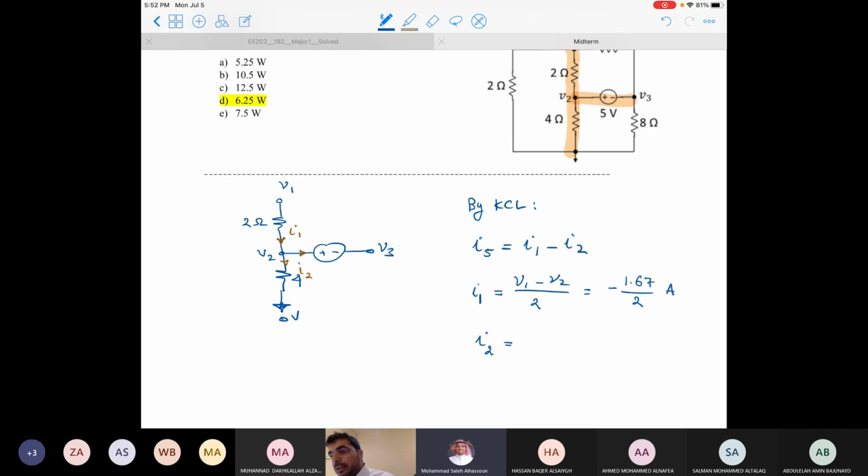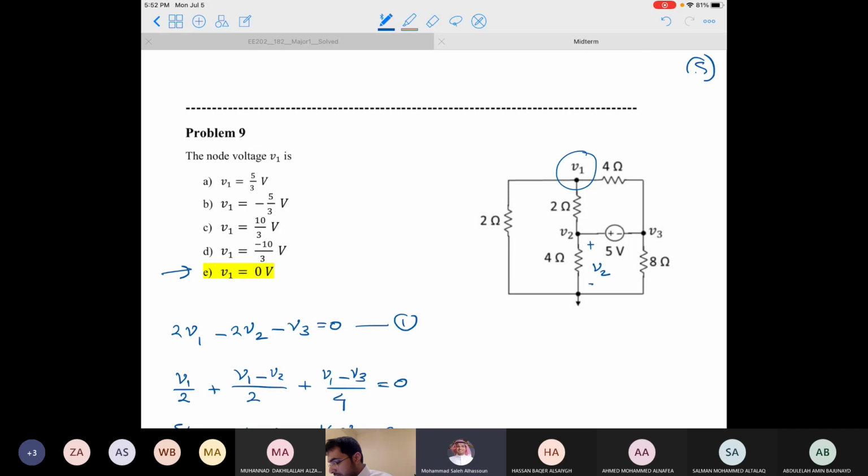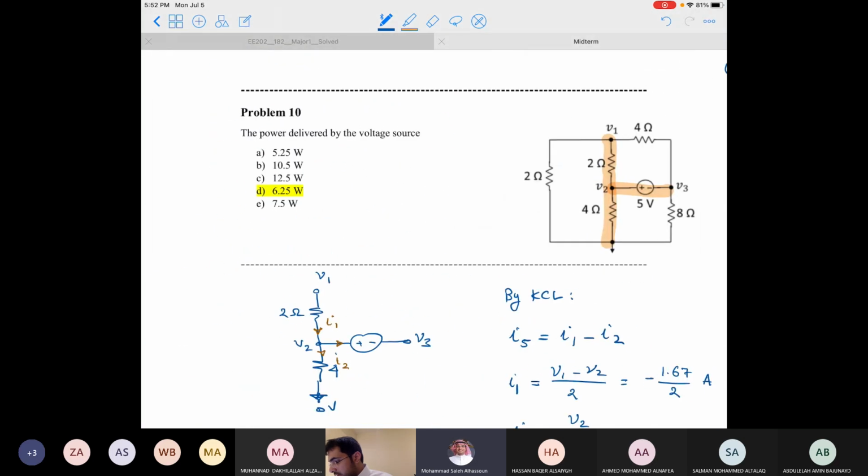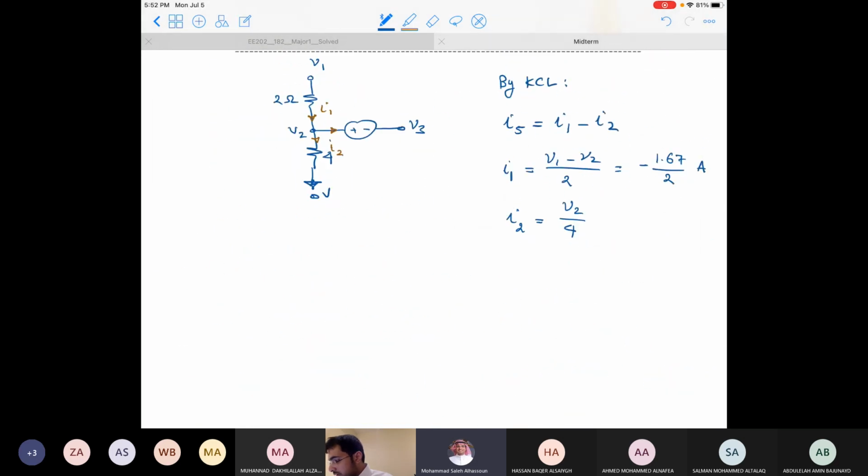I2 is going to be V2 divided by 4. So V2 divided by 4, and in this case V2 is 1.67, so it's going to be 1.67 divided by 4.